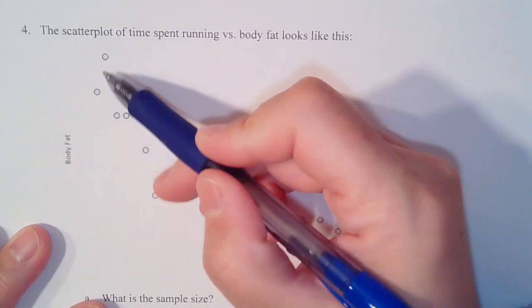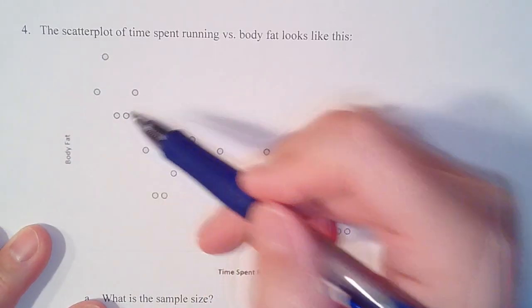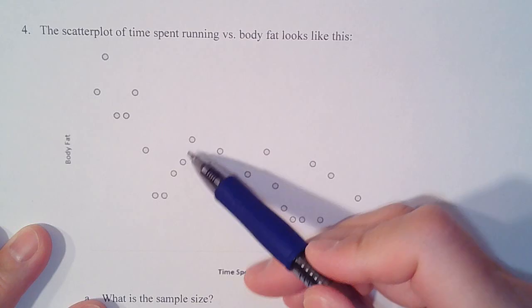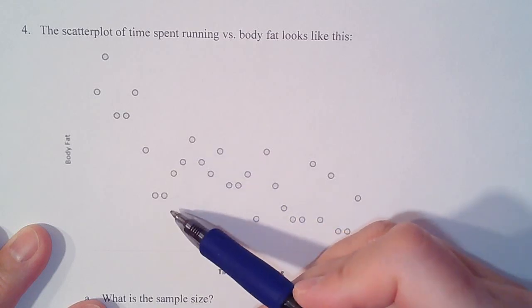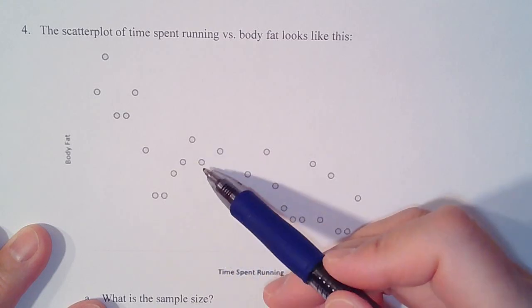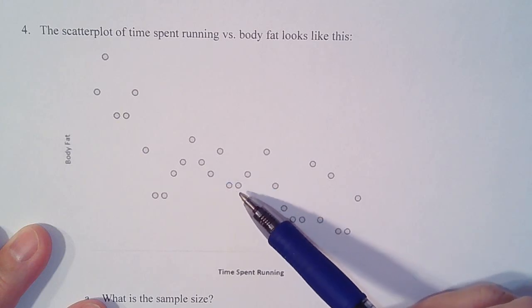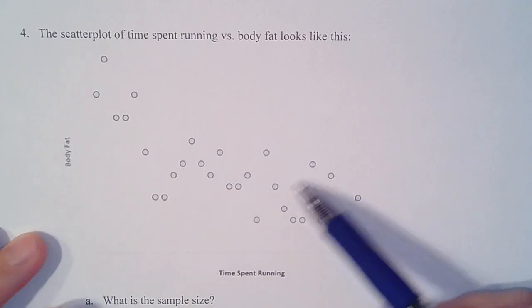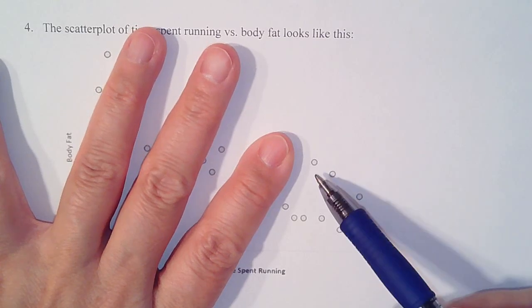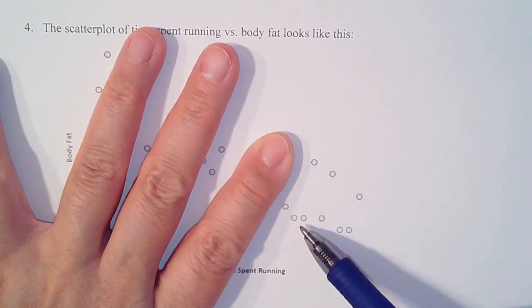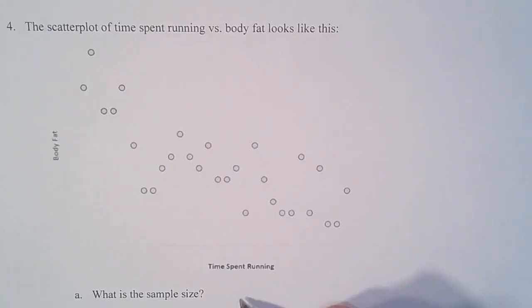So therefore, 1, 2, 3, 4, 5. 1, 2, 3, 4, 5. So that's 10, 11, 12, up to 20. Up to here is 20. 1, 2, 3, 4, 5, 6, 7, 8, 9. So the sample size is 29.